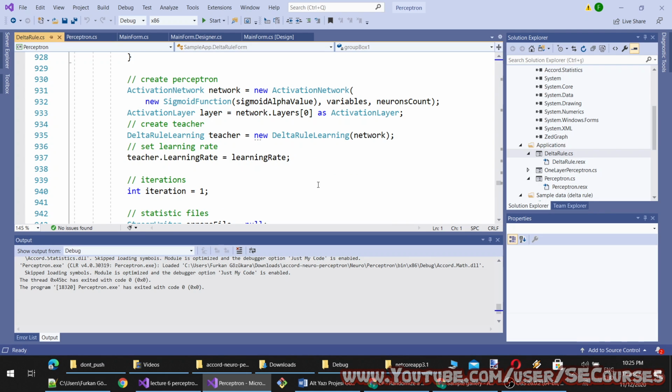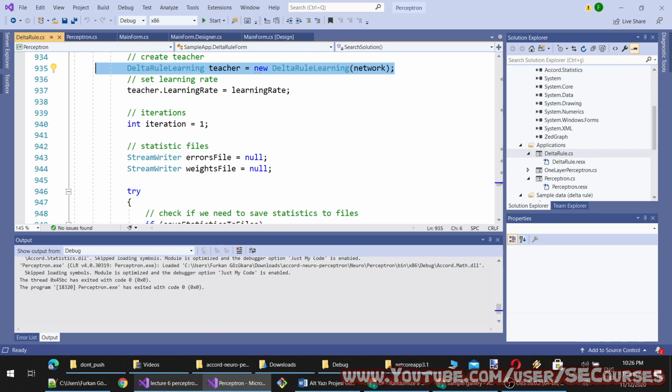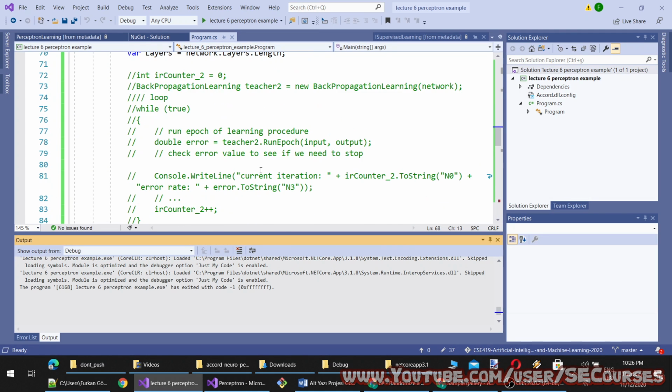Levels count. Oh, this is delta rule learning teacher. Okay, let's try this. I wonder if this one will work.